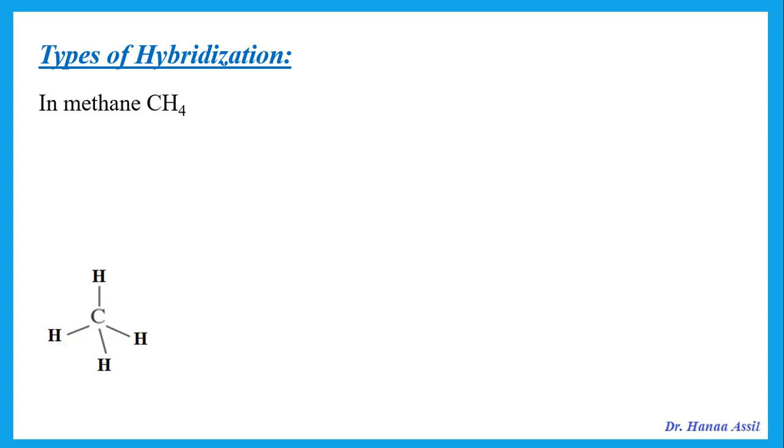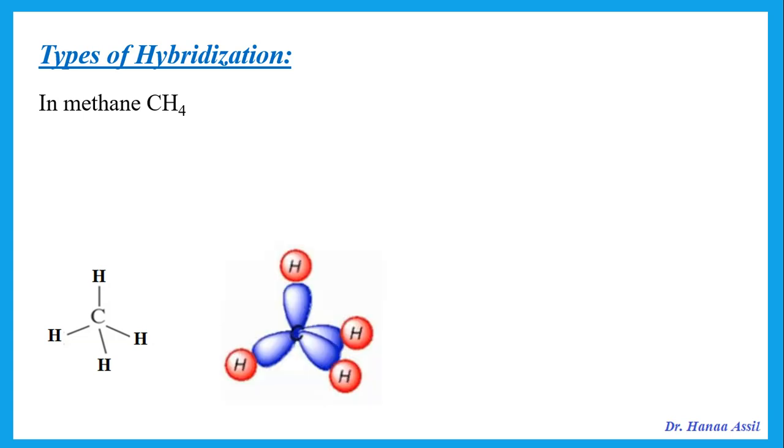For example, methane is a carbon with 4 sigma bonds. That means there are 4 equivalent bonds from orbitals of the carbon sharing electrons with the orbitals of the hydrogen.